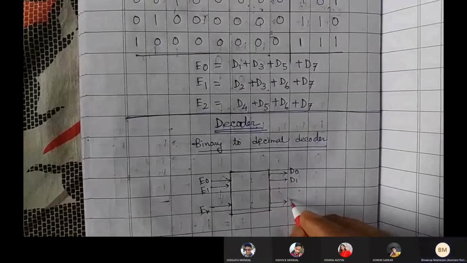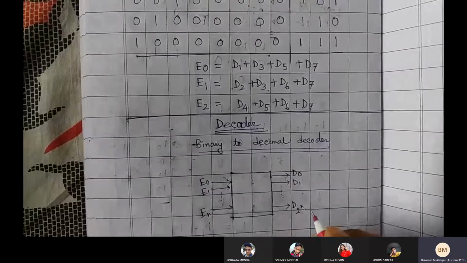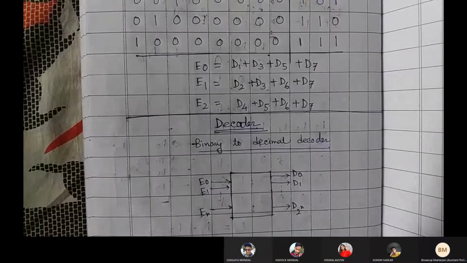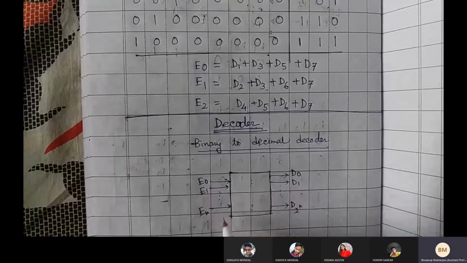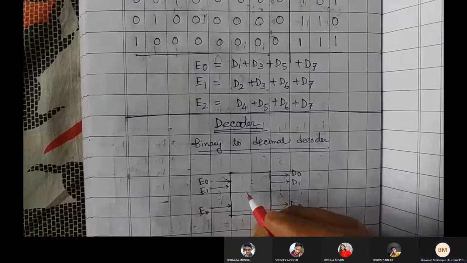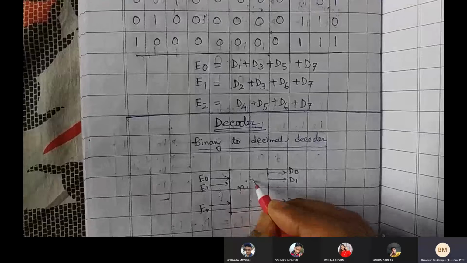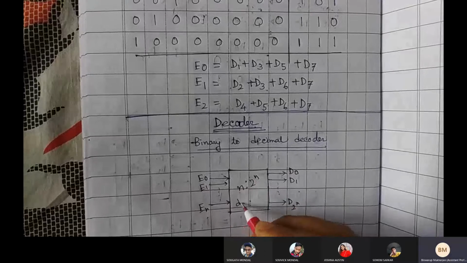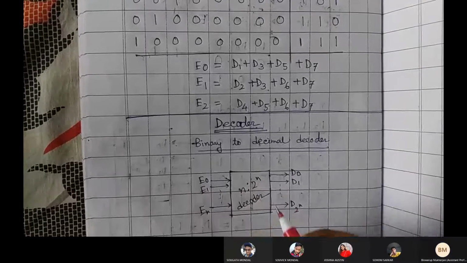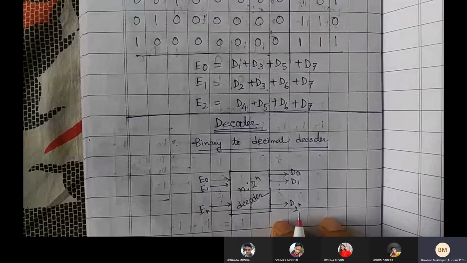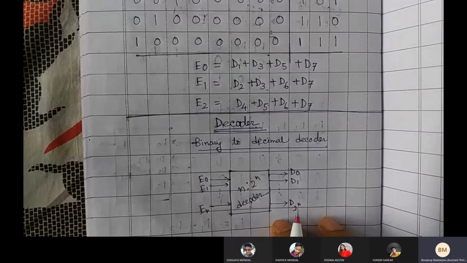I'm providing the names as D0, D1, and up to D 2 to the power n. So we'll be saying that this is an n to 2 to the power n decoder.